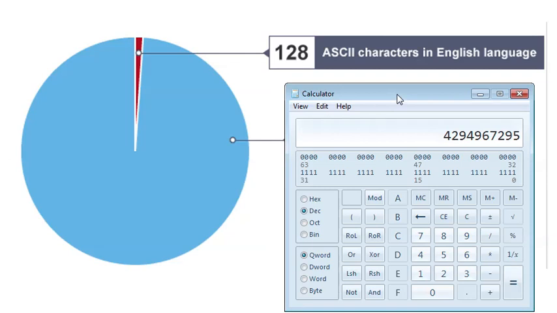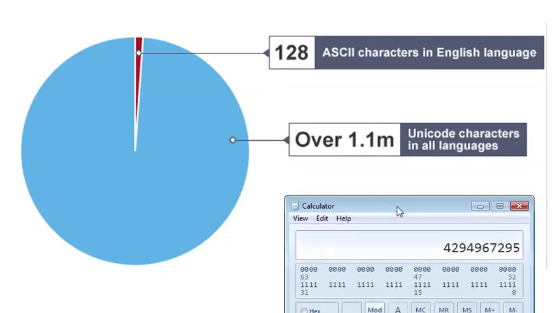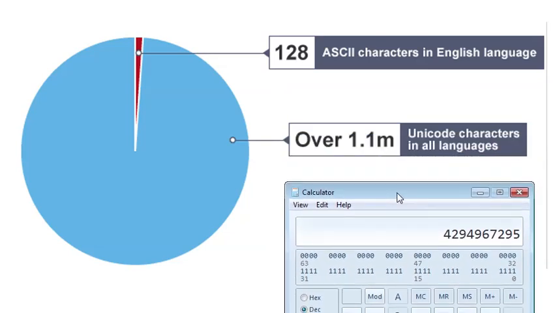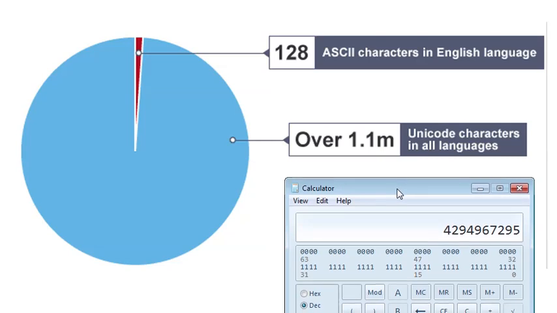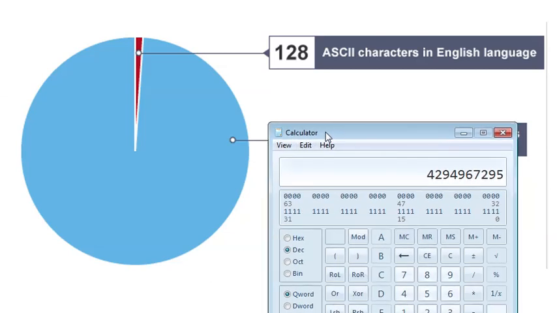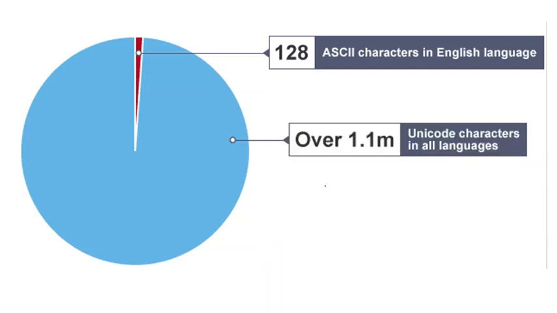So if we're using 32-bit Unicode, about 4.2 billion. It's well over 1.1 million characters in all languages. This is what GCC Byte Size has put on the screen on their website, but I would say it's about 4.2, 4.3 if you round it up, billion character combinations for a 32-bit code.